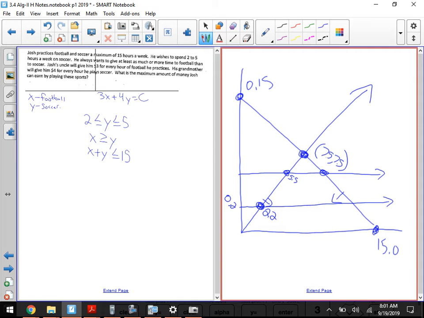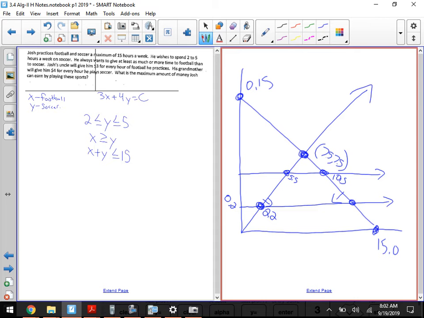Here, I switched to the other line. Again, it's really nice when you have horizontal lines because you know that the y value remains constant. So in this case, when it hits that x plus y is 15, we know y is 5, therefore x is 10. So that ordered pair is 10, 5. And the same deal with the 2. The y value remains constant and hits that x plus y is 15.